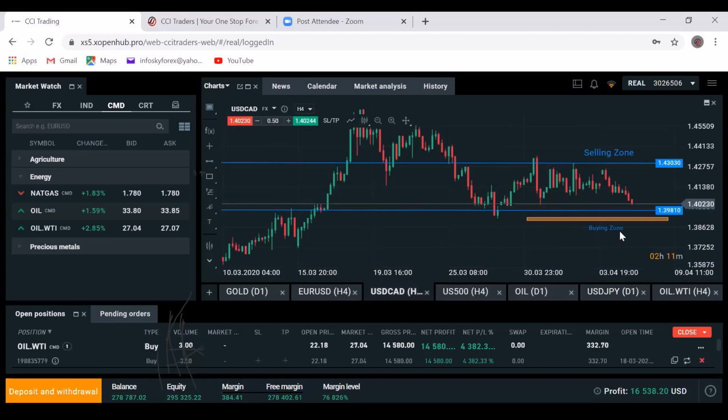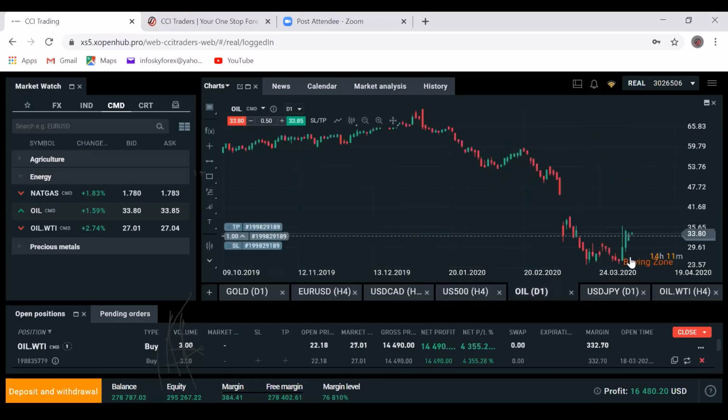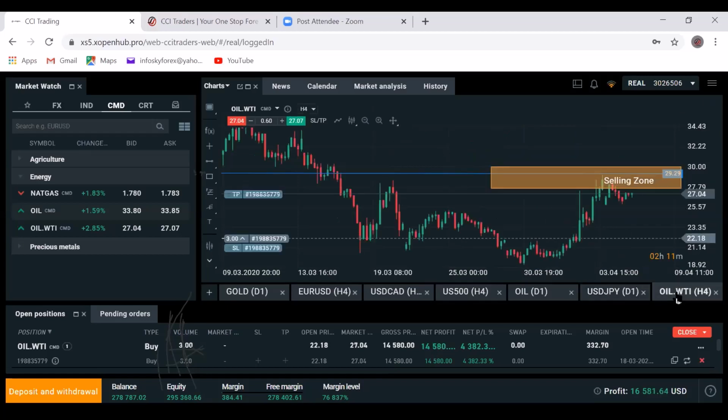Then I think we have an opportunity now. We have an opportunity on US Canada. It's good to buy US Canada. It's good to sell US 500. It's good to buy oil, and this support zone is more of a buying zone too. On WTI crude it has this selling zone.